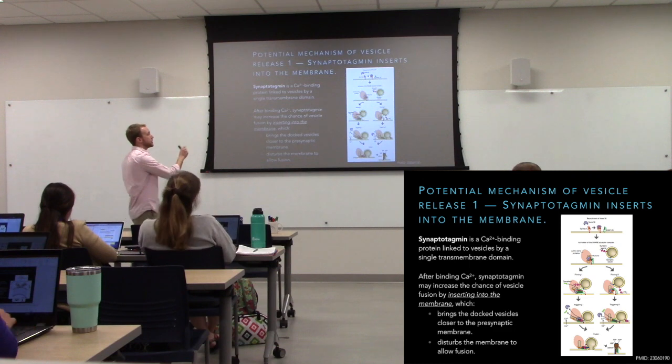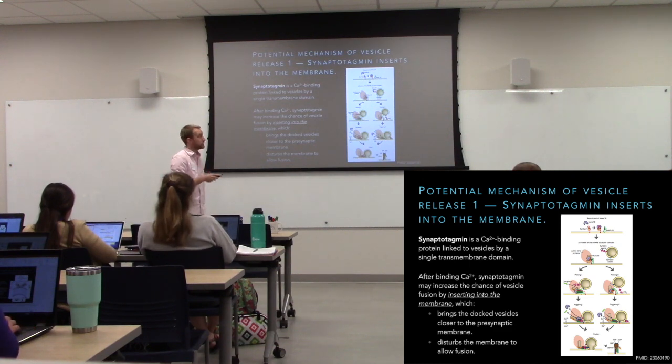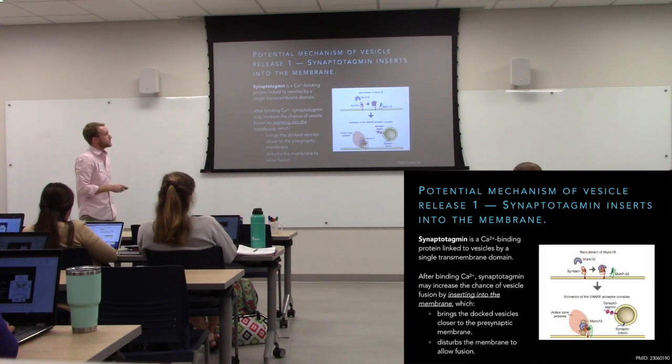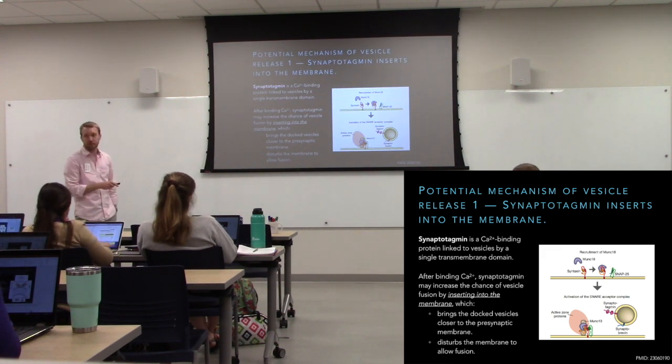The first thing that it could do is insert into the membrane, so we're going to consider this pathway here. So we have a bunch of proteins, that's all we're looking at here. Some of them are on vesicles, some of them are on the target membrane, so here's our presynaptic membrane, and here's our vesicle. We got our V-SNARE and synaptotagmin here, the calcium sensor.